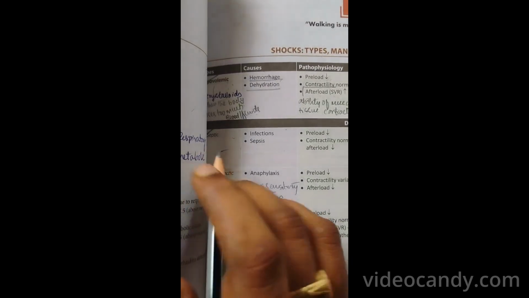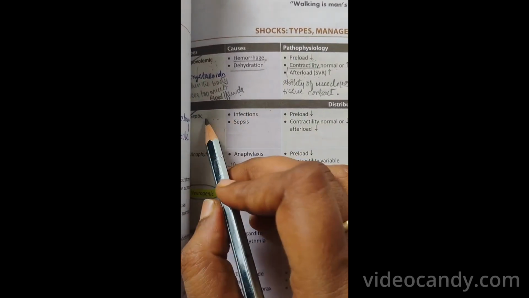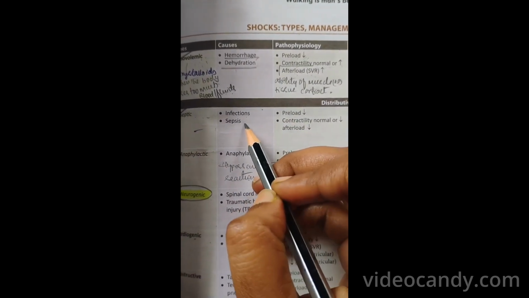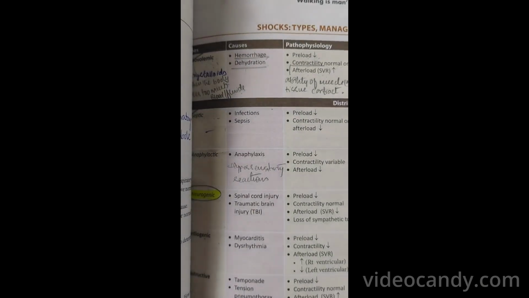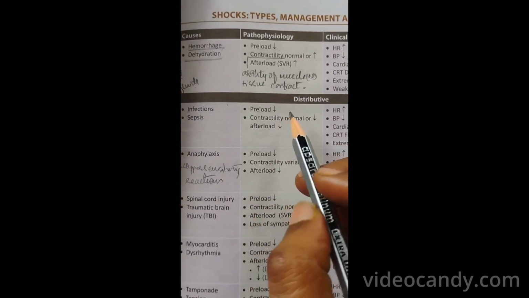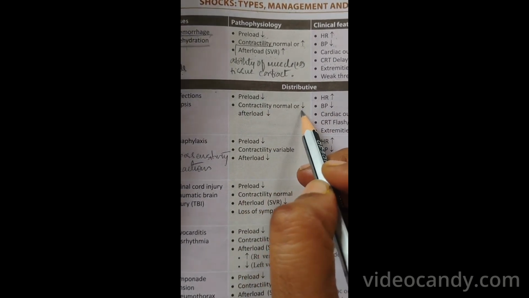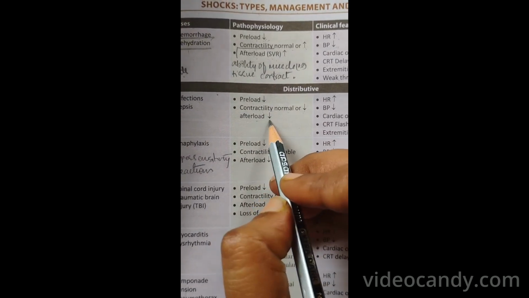The next shock is septic shock, and the cause of septic shock is infection or sepsis. Here also the pathophysiology: preload decreases, contractility normal or decreases, and afterload also decreases.